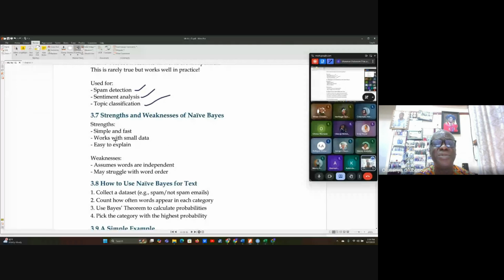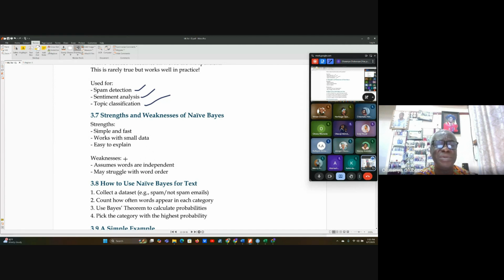Some techniques are not good with small data, but naive Bayes works with small data, so it's an advantage. And as you will see, you can easily explain and interpret the results. With some techniques you will see later, you can see the results, but you will not know what is going on in the process.